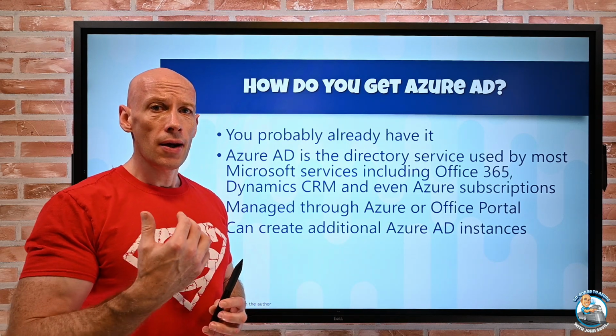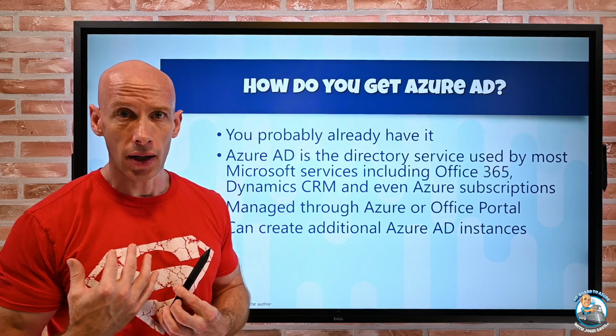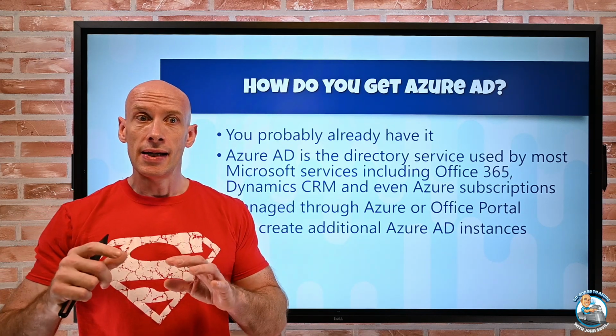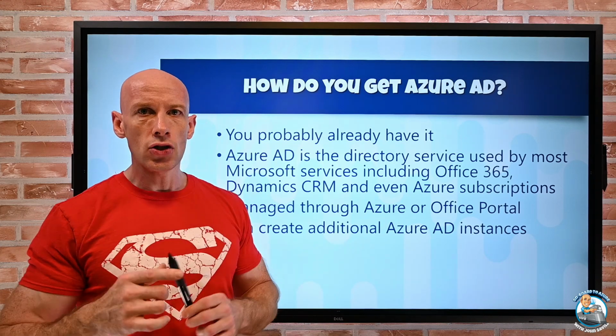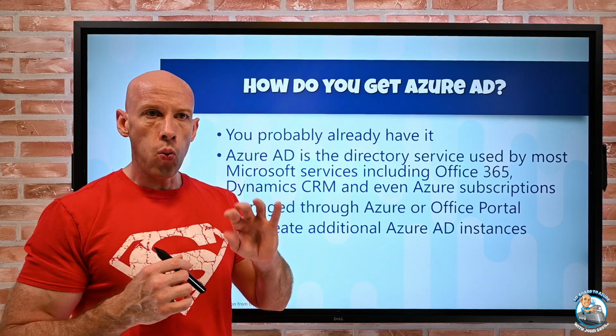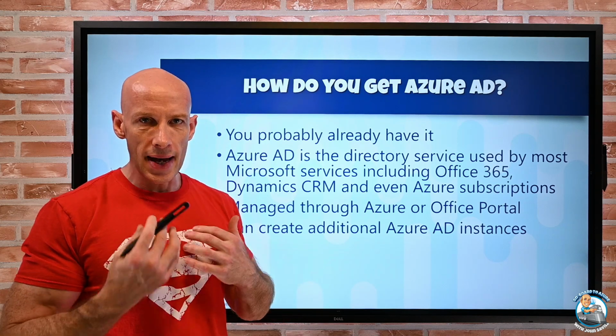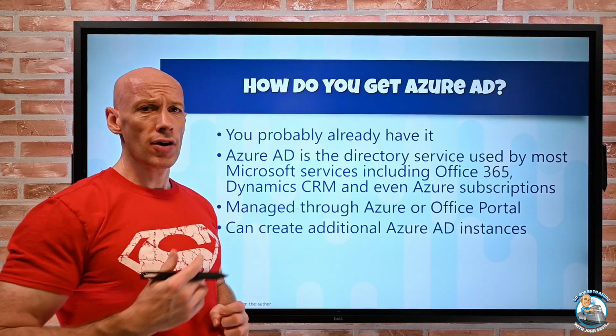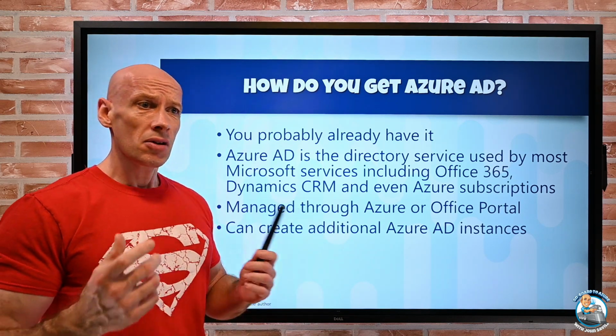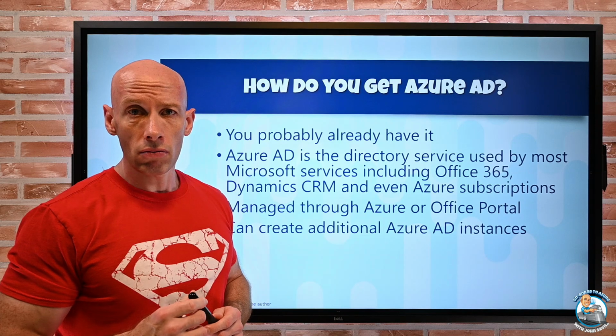I'd have to put in my personal credit card, etc. Now, there might be governance challenges around that, so there are things we can do to restrict what you can do as my corporate account. But just realize, hey, I can create other Azure AD instances. It doesn't really mean a lot on its own.